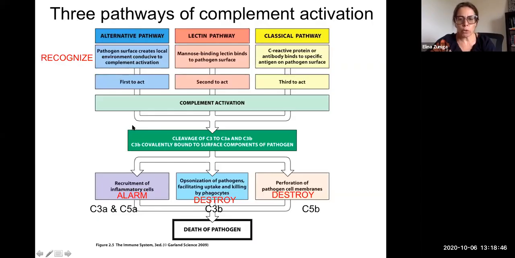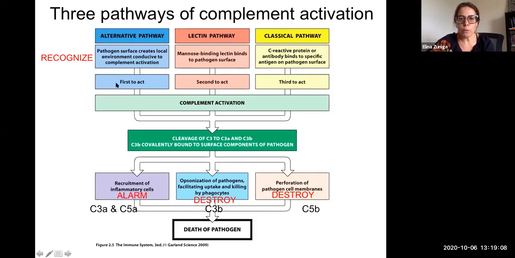Within the complement, we can review the three phases of the innate immune response: the recognition, the alarming, and the destruction of the pathogen. The recognition depends on the pathway of the complement that is activated.